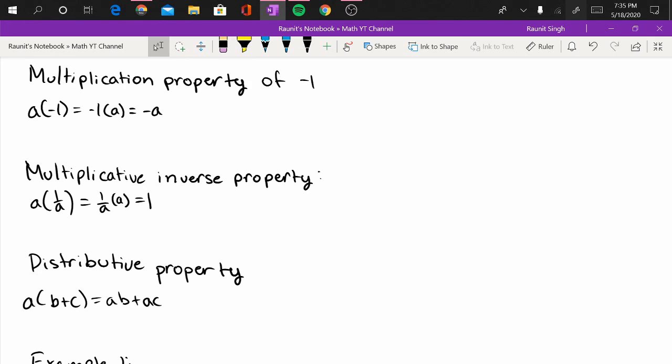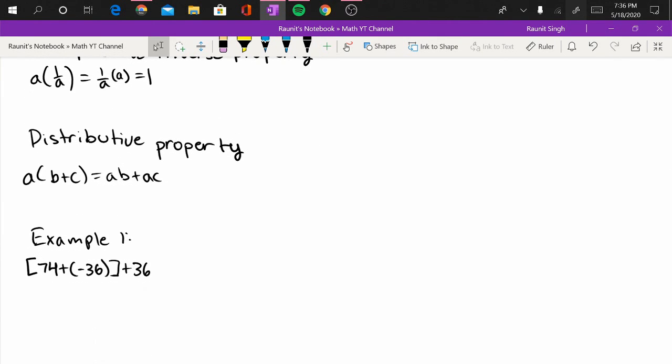That is saying that a times negative 1 equals negative 1 times a is equal to negative a. Alright, so now we're going to move on to the multiplicative inverse property, which is saying that a times 1 over a is equal to 1 over a times a is equal to 1.